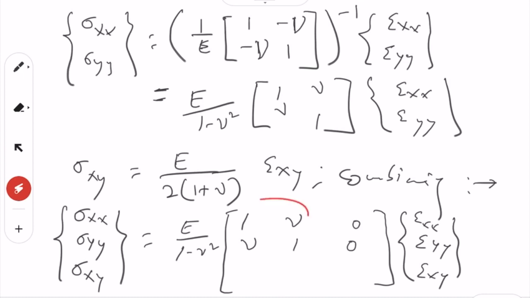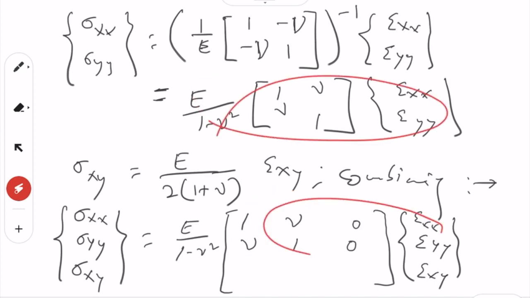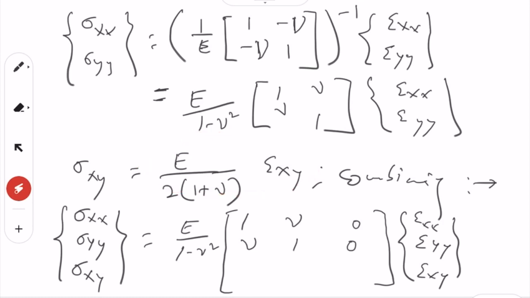Now this is done here because we have directly taken from here. Now we have to fit this one, and how to fit. So we have sigma xy here, this is G. Now what we know is this value will be 0 and only this value will change. We have to have something here so that this multiplies by this to get you this one. So this already has common E here, then 1 plus nu is there.